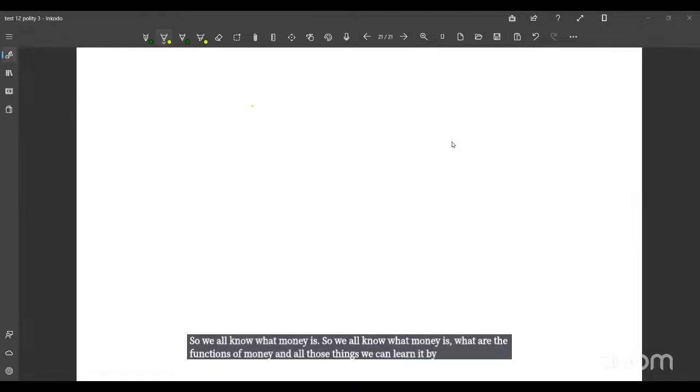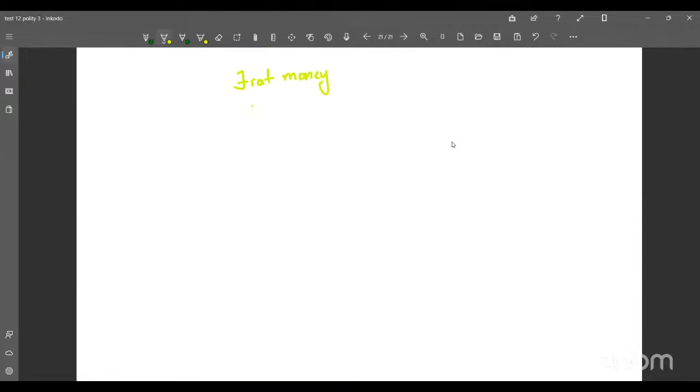It's very simple. So can anybody from the class say what fiat money means? What is fiat money? We speak about legal tender.